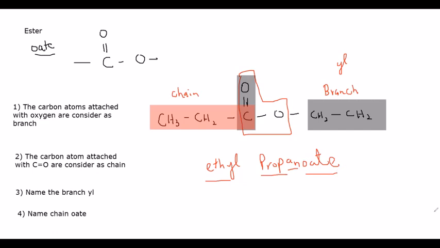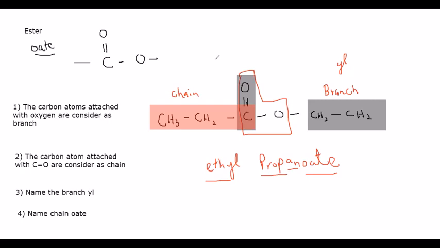Can you give us another example? Yeah, I'll give more examples. This is one of them. So copy this. We follow the rule for naming these esters. We select the branch and the chain. The branch is the one which is directly attached with oxygen, and the chain is the one which is attached with C double bonded with O. First we name the branch. How many carbons are there?